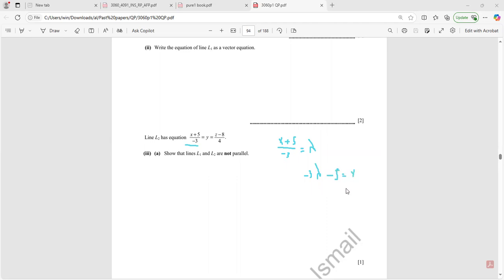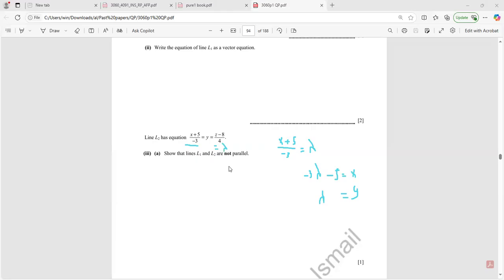the x, and the y here also will be equal to z minus 8. Y doesn't have it, it has a 1, so y equals 1, and then we just write lambda here. And here z minus 8 over 4 also equals lambda.